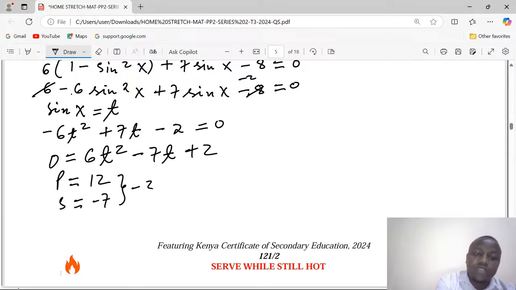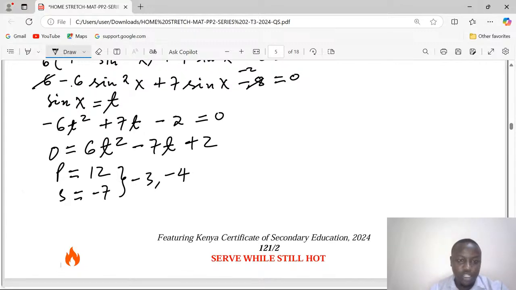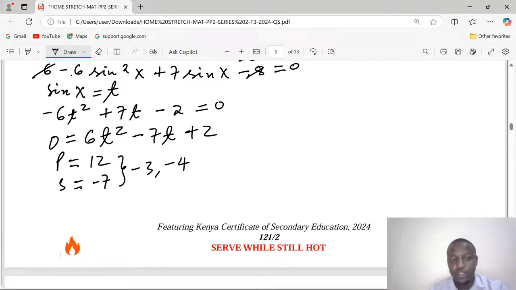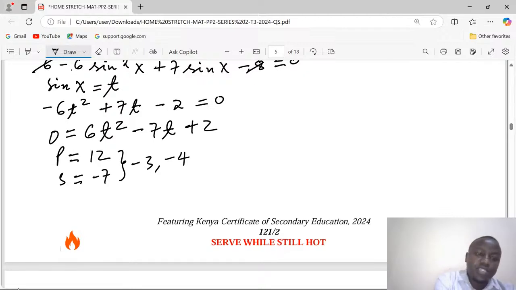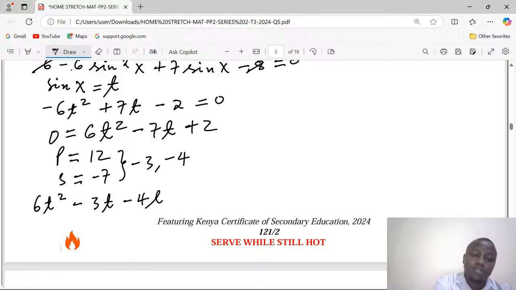So this is negative 3, negative 4. These are the two factors multiplied, positive 12, added negative 7. So 6t squared minus 3t minus 4t plus 2 equals 0.